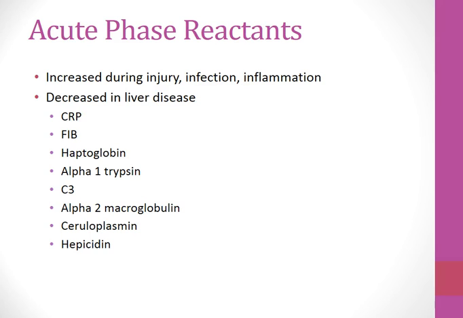This hinders iron absorption in the intestine, so this keeps iron from being absorbed, and we need it, of course, but the point is that anytime there's inflammation or infection or injury, all of these different types of proteins are increased in the body.